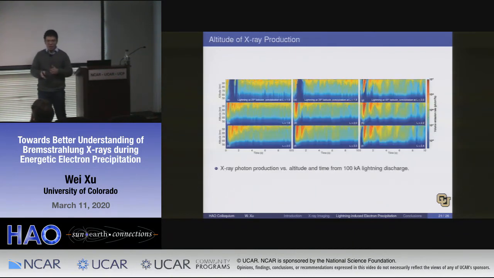Similar to the first study, we simulate the production and transport of Bremsstrahlung photons. For example, this figure shows the altitude distribution of Bremsstrahlung production, basically the altitude at which photons, X-rays, are produced.